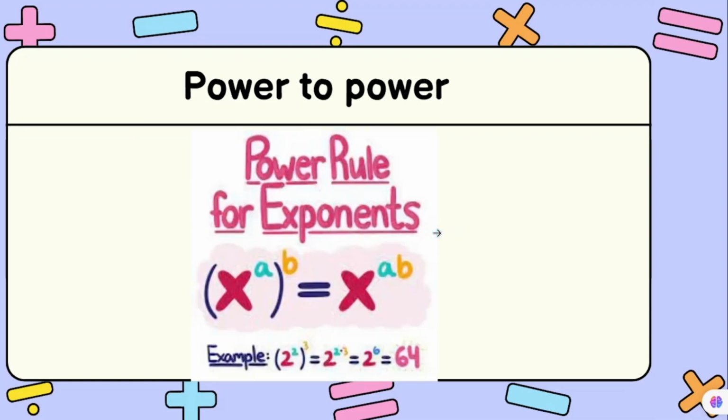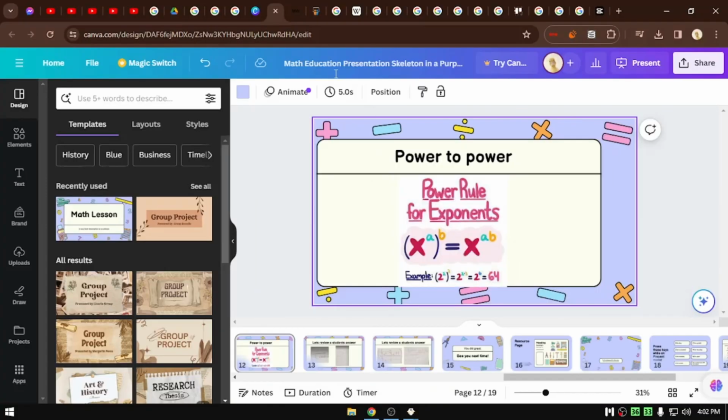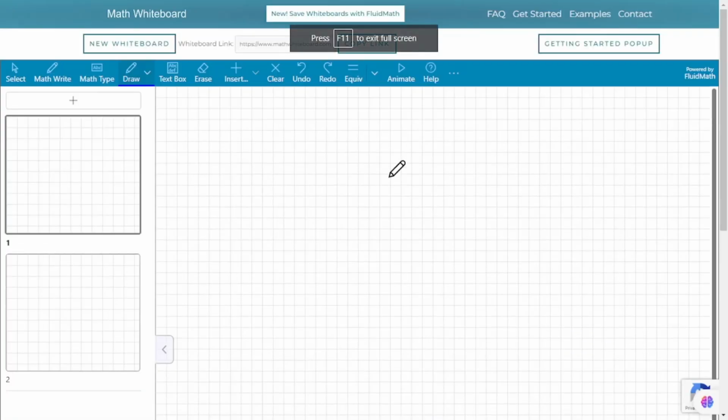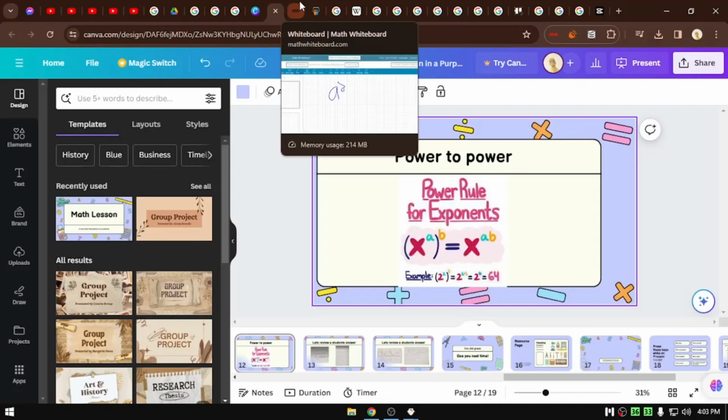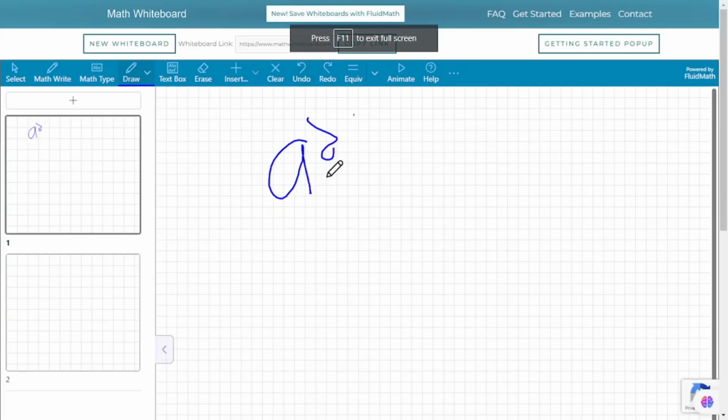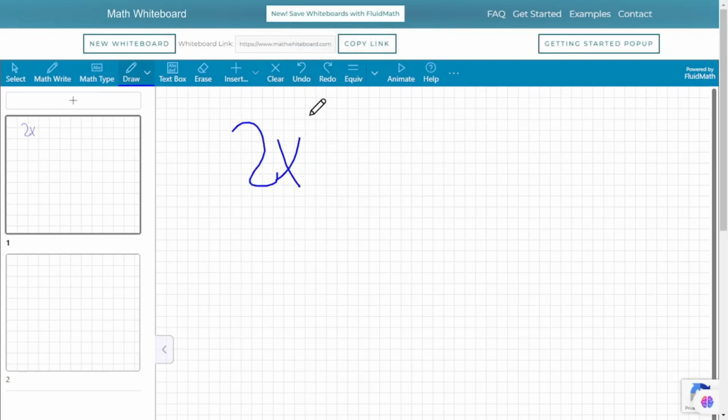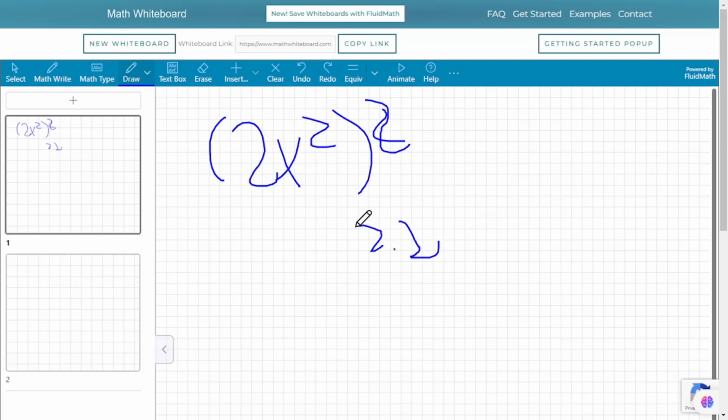Next, power to power rule. So power to power rule is basically multiplying the powers. Actually, it's a variable, so let's get an actual number. So 2x squared, parenthesis, and to the power of, let's say, 2 again. For this, we will be multiplying the power first. So of course this equals 2 times 2, 4.